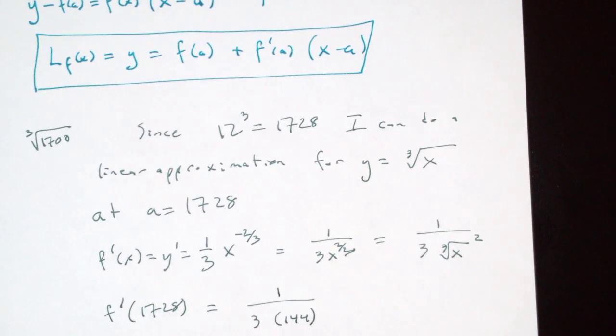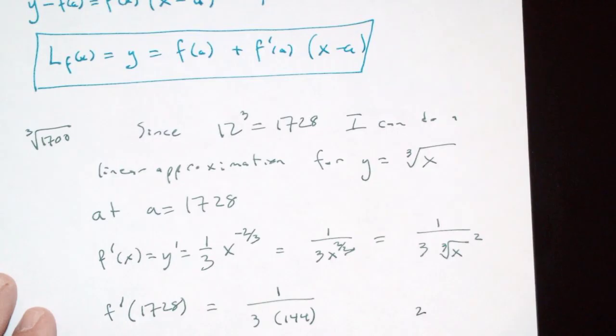And 12 times 12 is 144. Do the multiplication: 4 times 3 is 12, carry the 1; 4 times 3 is 12, carry the 1; 1 times 3 is 3, with the 1 carried, 4. 1 over 432.